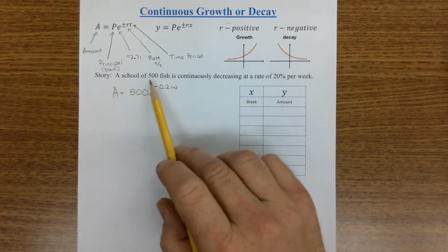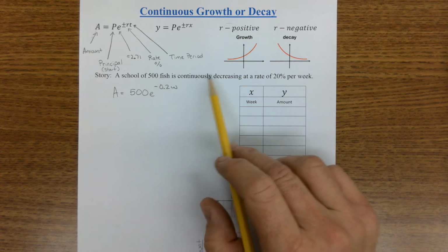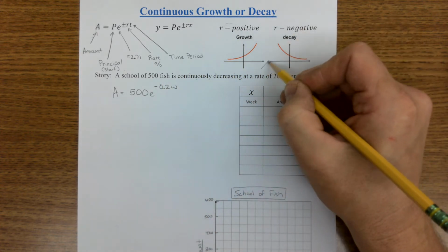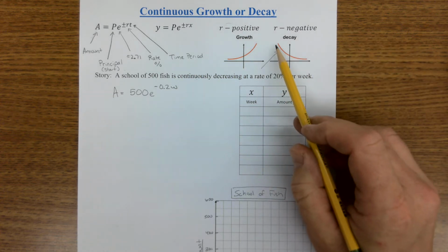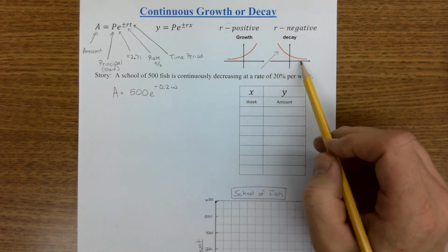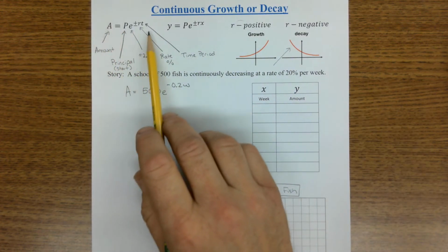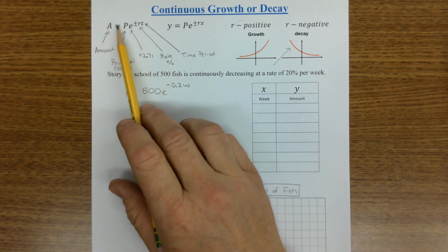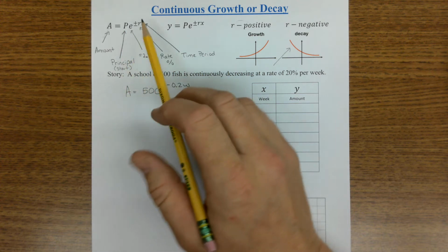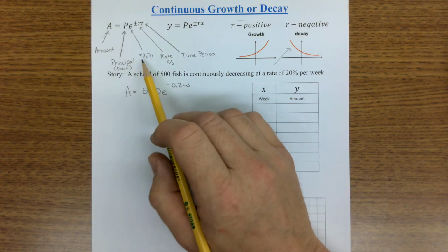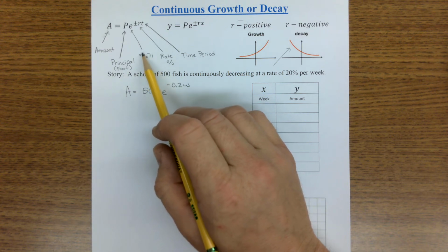It says a school of 500 fish is continuously decreasing at a rate of 20% per week. So we're going to have one of these graphs where it goes down and keeps getting lower and lower, decaying. We use this formula: A is the amount, P is the principal, and e is a number, about 2.71, kind of like pi.